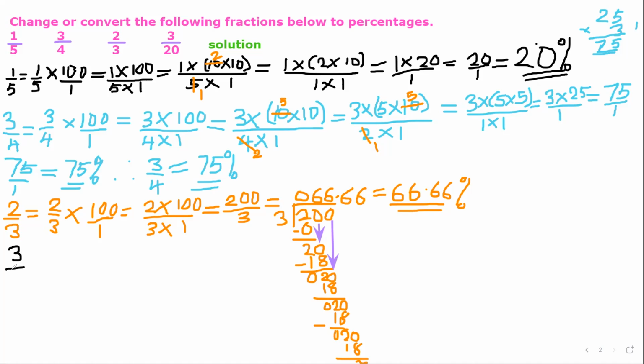3 out of 20. Okay, in order to solve 3 out of 20, I say you multiply the entire fraction by 100, so 3/20 times 100 here. Okay.